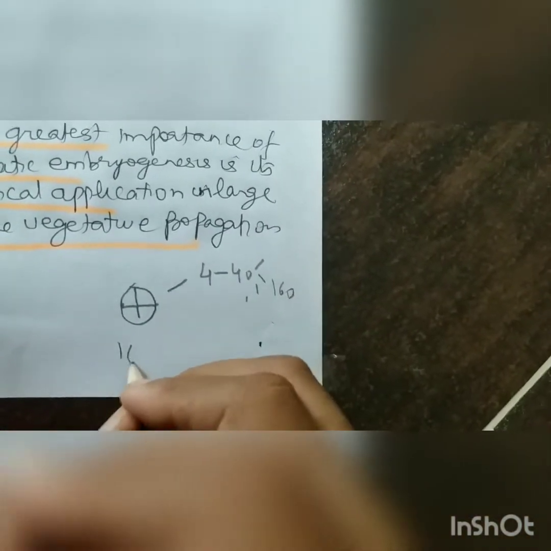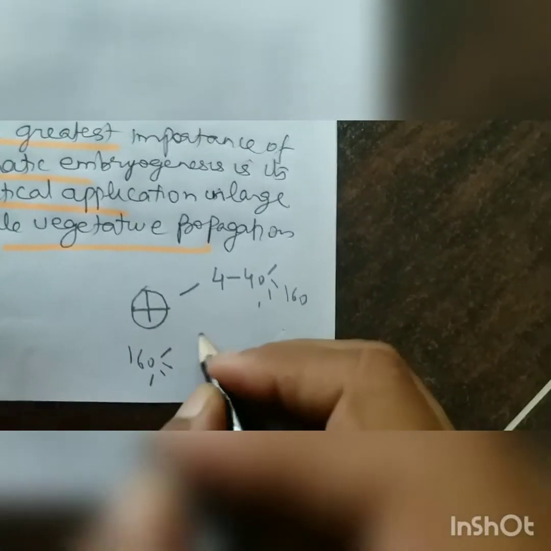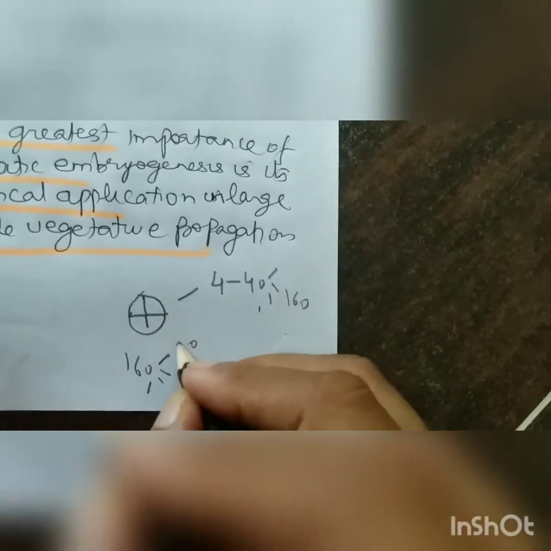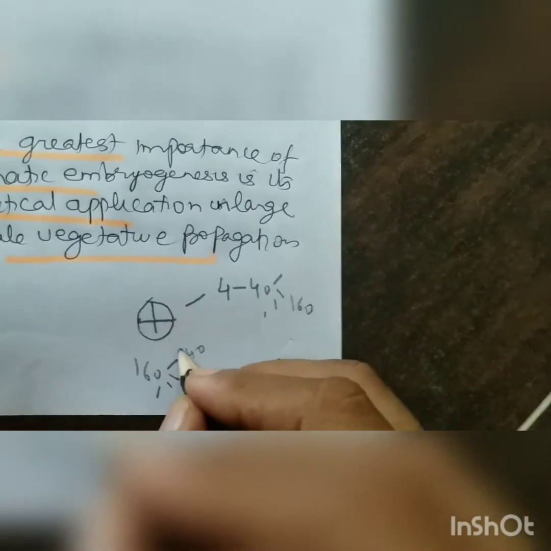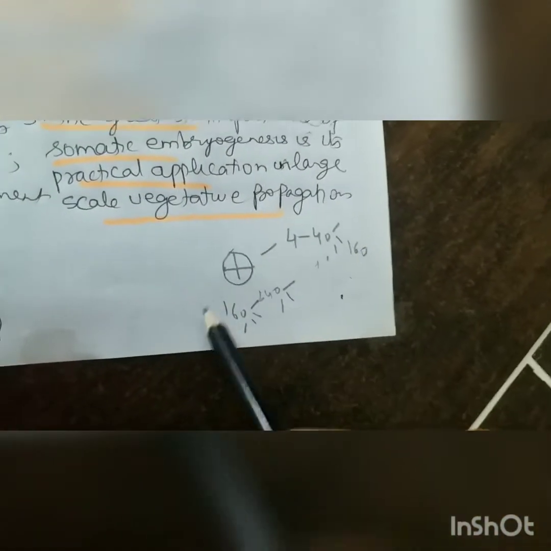So 160, each broken into 4, and you have 640, again into 4. Like that, this is the first cycle, this is the second, third.